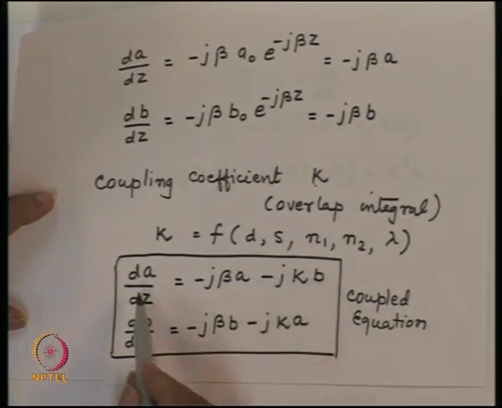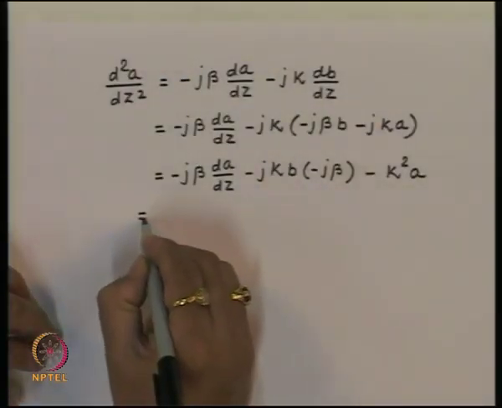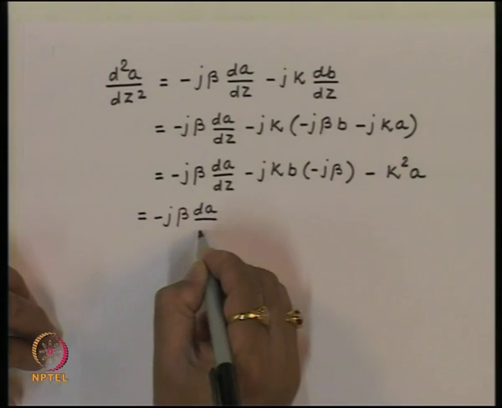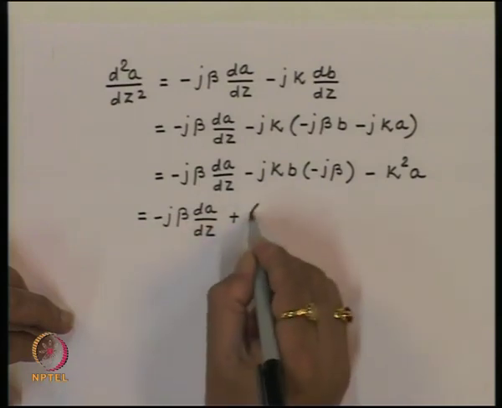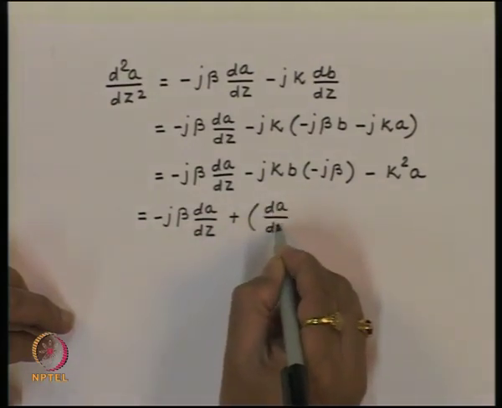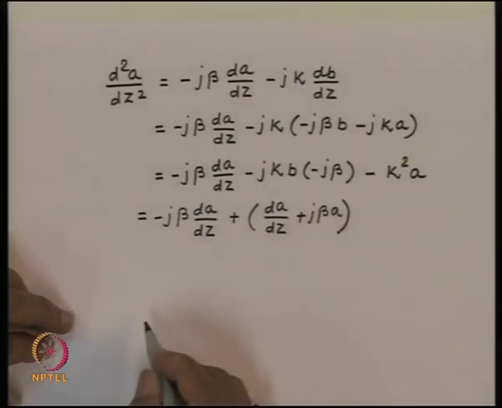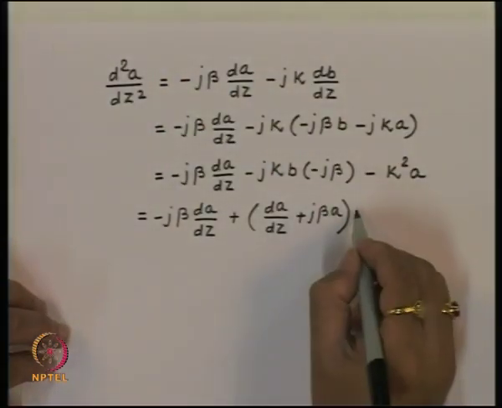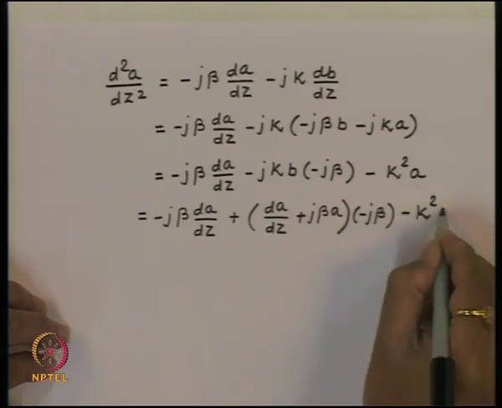So minus jkb will be equal to dA by dz plus j beta A. So I can substitute for that. So this will be equal to minus j beta dA by dz plus this we can now write as dA by dz plus j beta A, that is minus jkb from this equation, multiplied by minus j beta, minus k square.